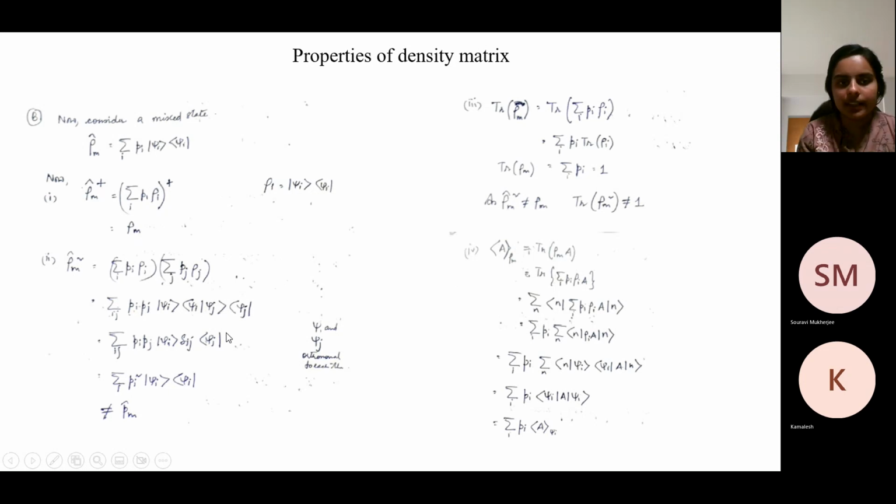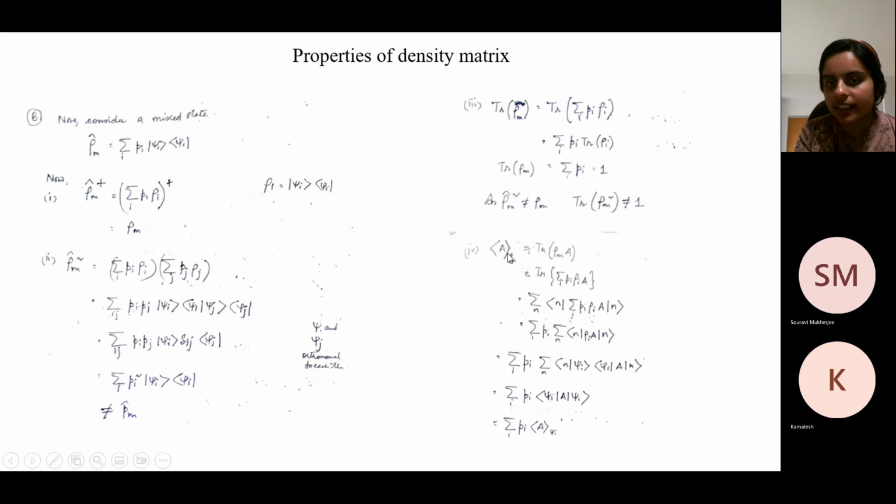So given a density matrix, you can always do this check to see whether it's a pure state or a mixed state. Then you find the trace of rho m and you get 1, but the trace of rho m square is not equal to 1, because rho m square is not equal to rho m.